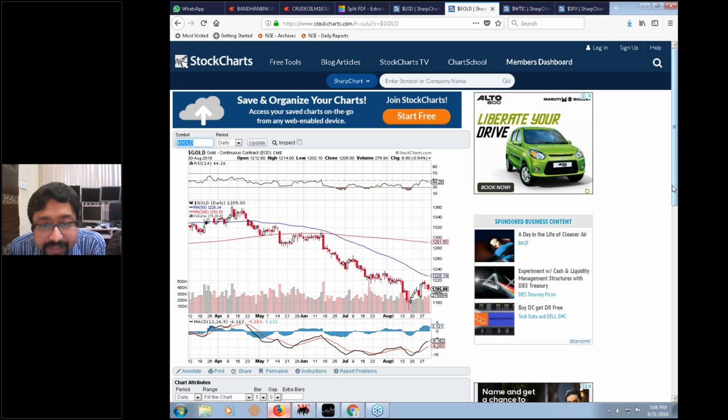As of now, it is trading at approximately the 1205 region, that is 1205 dollars per ounce, and from here, if it manages to go above 1220, only then can we expect some meaningful strength in gold. But that is unlikely to happen, as the dollar index is steadily above the 94 region and is likely to gain more strength, so we are expecting further weakness in gold.